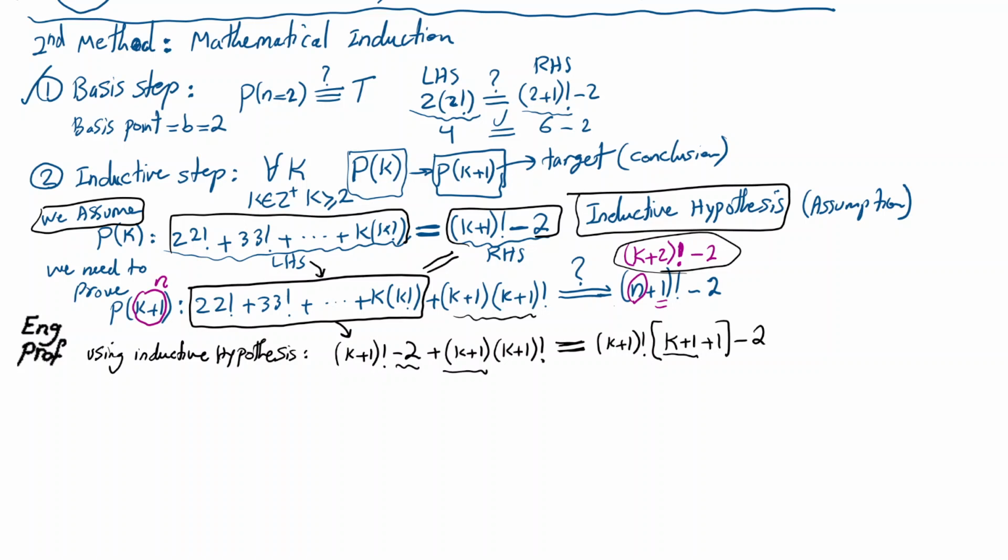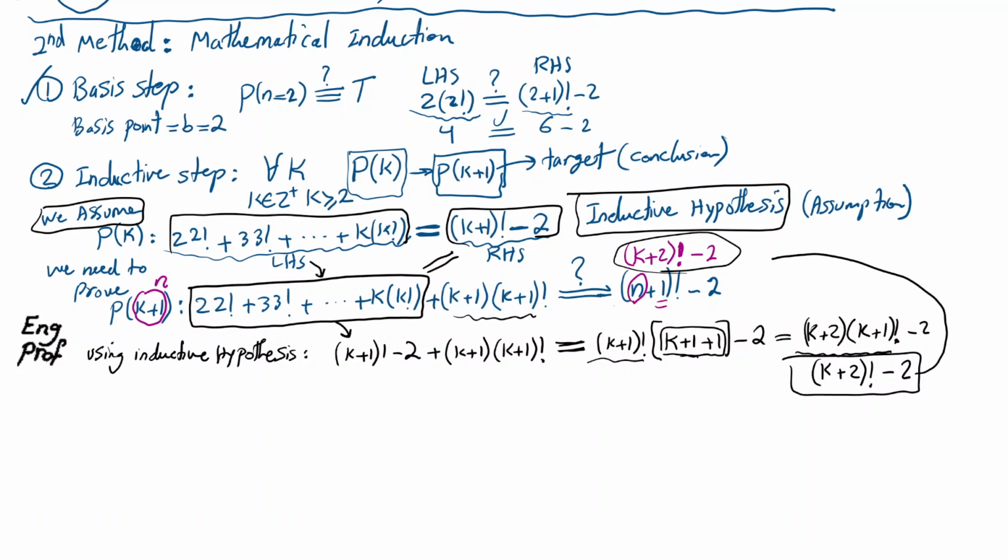Now we are done, because this k plus 1 plus 1 is k plus 2, so I get k plus 2 times k plus 1 factorial minus 2. And of course this is k plus 2 factorial minus 2, and that is exactly what we needed to arrive at as the target right hand side.